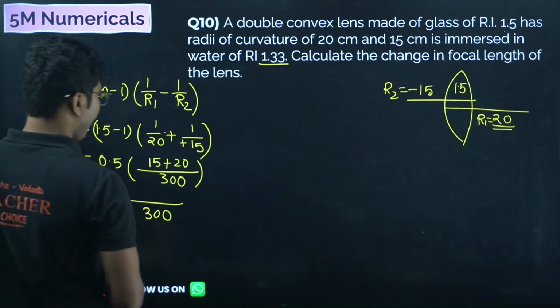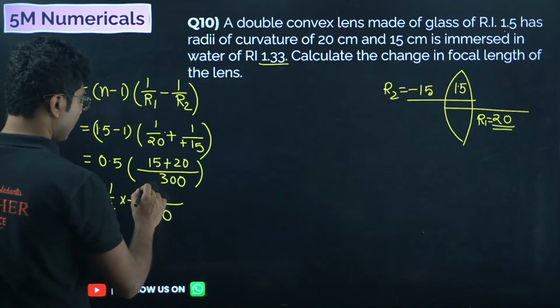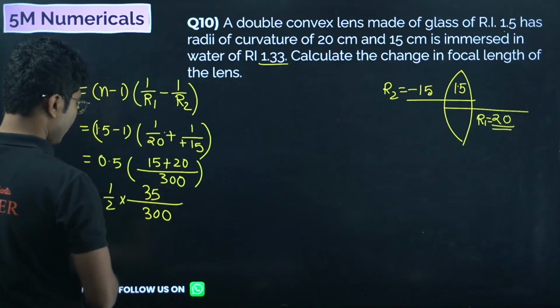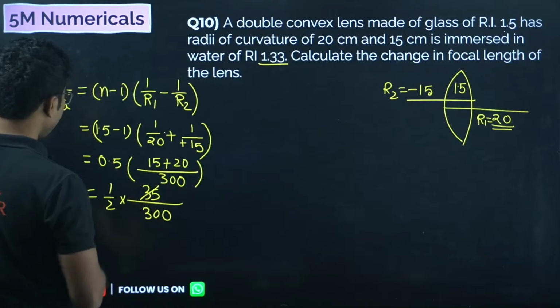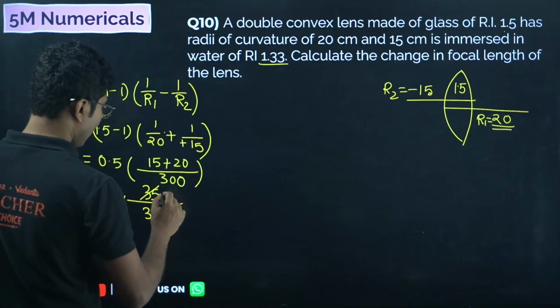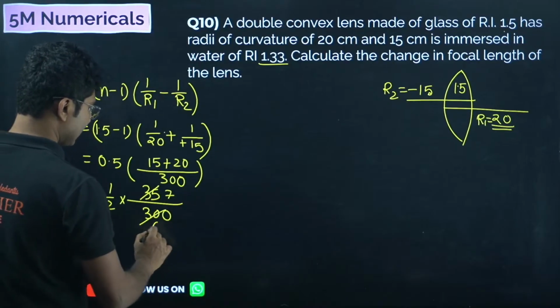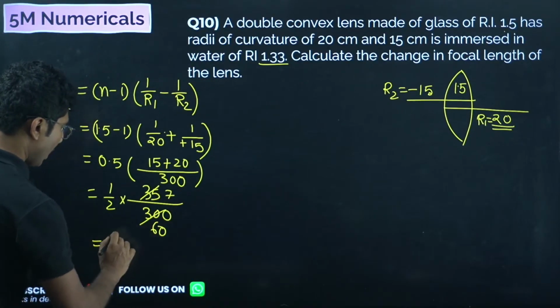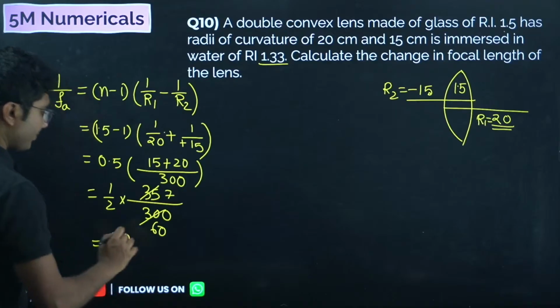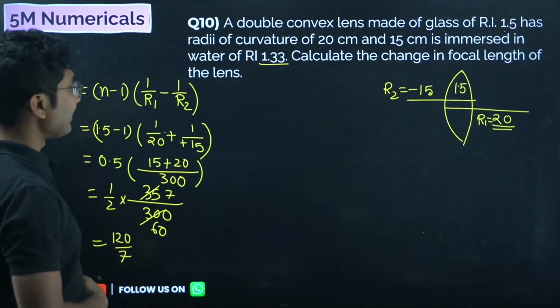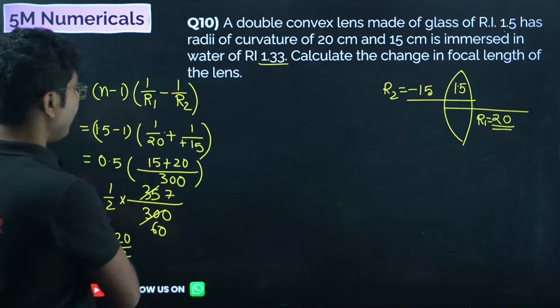So 35 by 300, times 0.5, it will be 7 by 120. So 120 divided by 7 is the initial focal length.